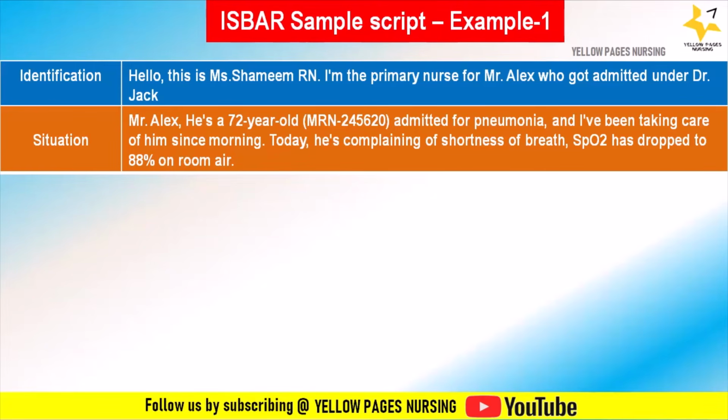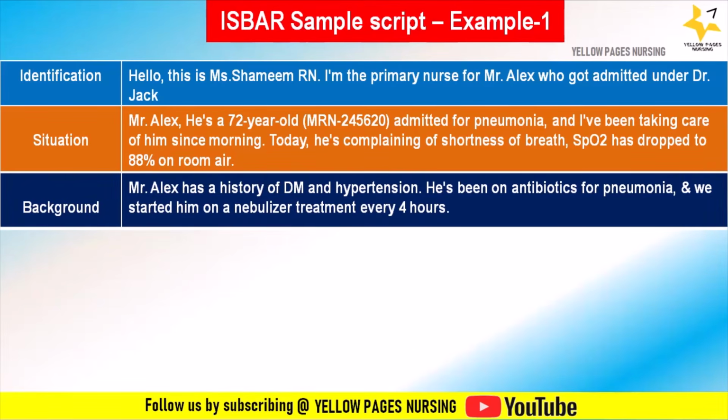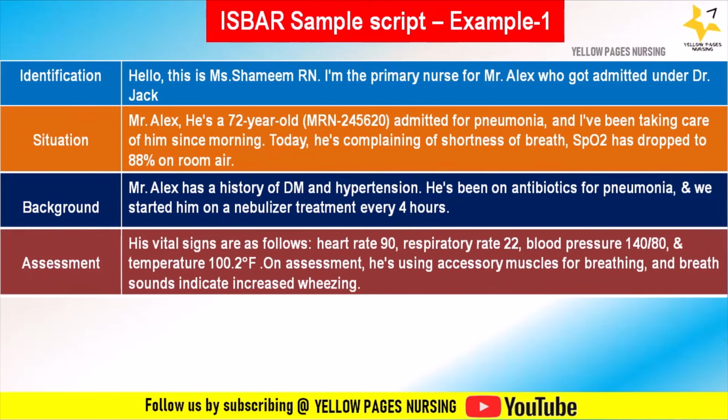Today, he has been complaining of shortness of breath and SpO2 has dropped to 88% on room air. Next is background. Mr. Alex has a history of diabetes mellitus and hypertension. He has been on antibiotics for pneumonia and we have started him on a nebulization treatment every 4 hours. Next is assessment.